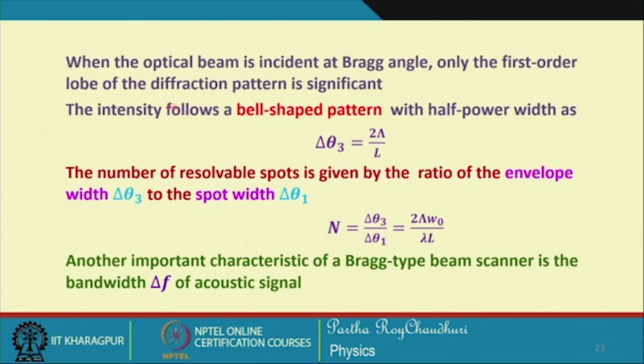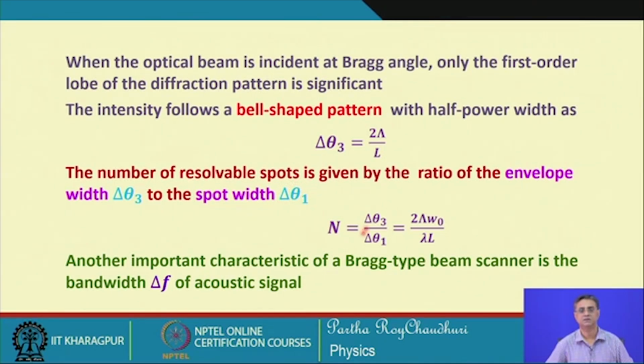So, the intensity follows a bell shaped pattern after the diffraction from the acoustic wave. The overall beam will look like a bell shaped pattern of width twice lambda by L, and therefore, the number of resolvable spots is given by the ratio of the envelope width delta theta 3 to the spot size of width delta theta 1.